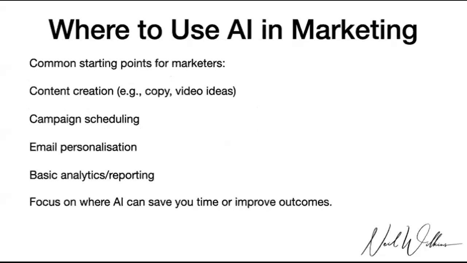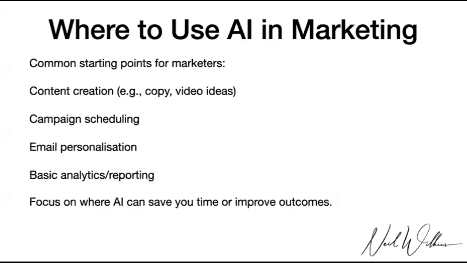So, where can you start to use AI in a marketing project or campaign? Well, common starting points for most marketers have been typically content creation. So, copy creation, video ideas, your latest imagery, all those kinds of things. For many of us, that's where we started. We started maybe months and months ago to begin to play with ChatGPT or Copilot or Gemini and actually start creating content.